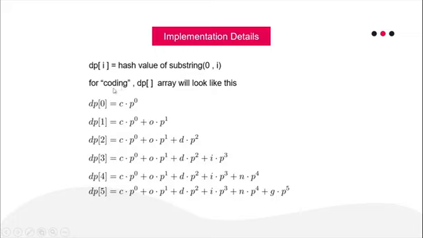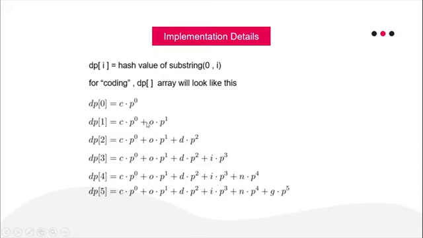So the contribution of din in the original hash would be dp of 4 minus dp of 1. The starting index is 2, so we are not going to subtract dp of 2 but dp of 2 minus 1, which is dp of 1. If you subtract this from the whole thing, you will be left with din only.